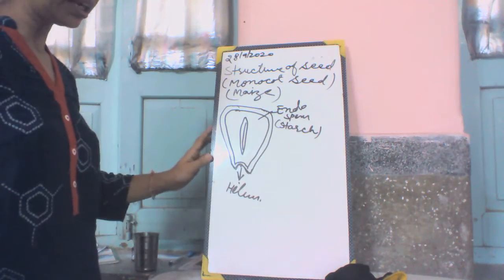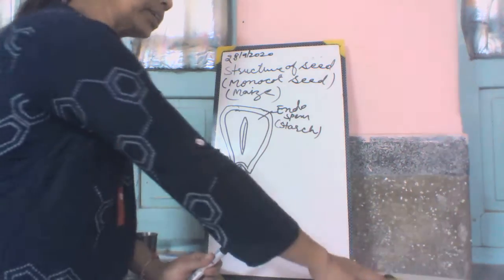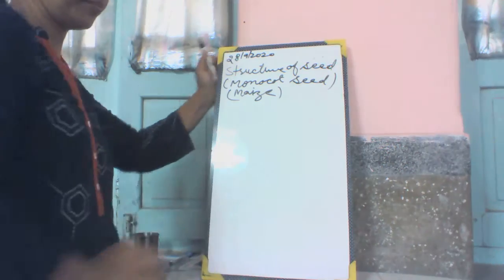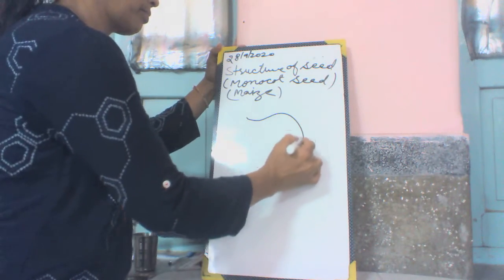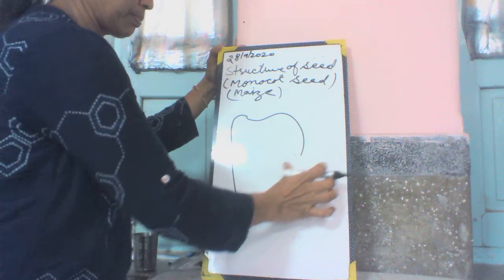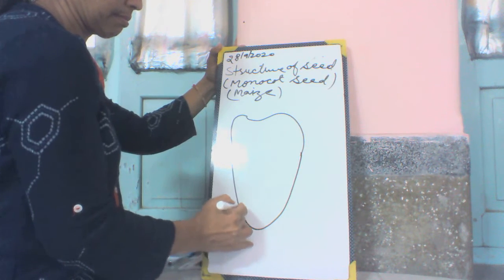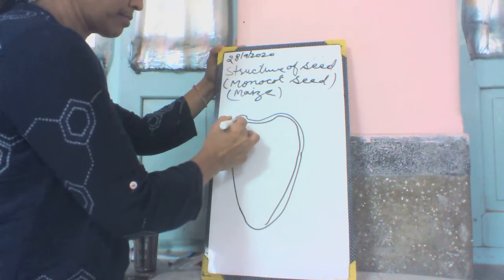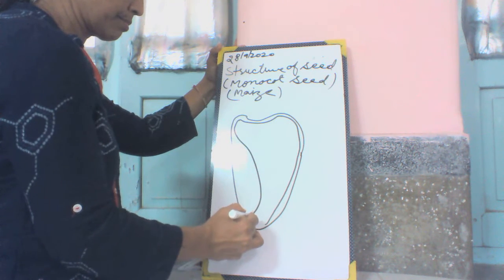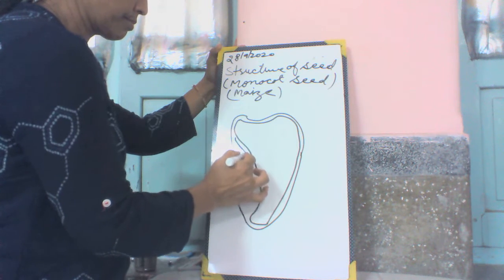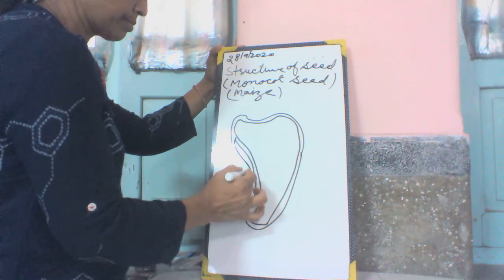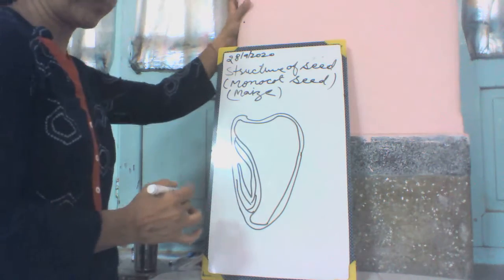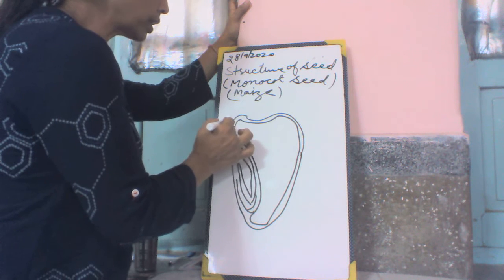After that, there are some different layers present in the seed. Have a look inside the seed. This is known as the aleurone layer.